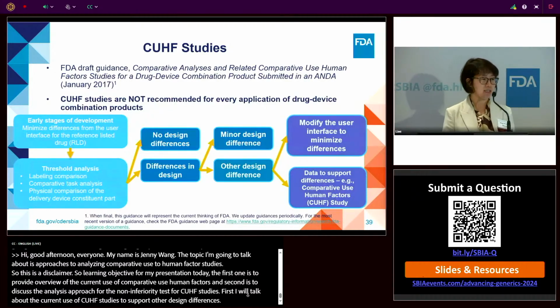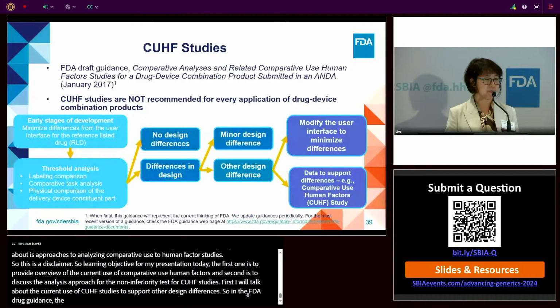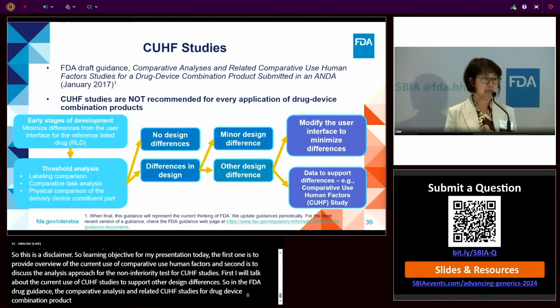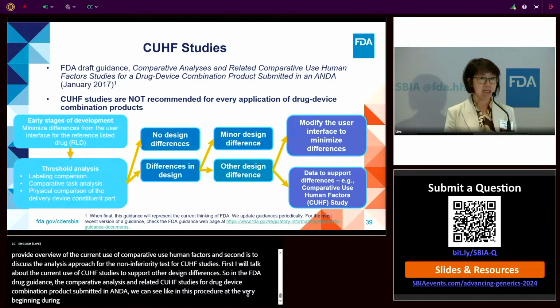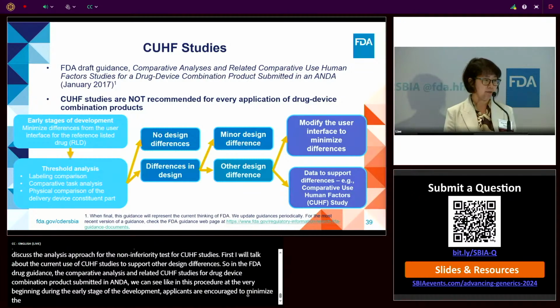So in the FDA's draft guidance, the comparative analysis and the related comparative use human factor studies for a drug device combination product submitted in an ANDA, we can see in this procedure at the very beginning, during the early stage of the development, applicants are encouraged to minimize the differences from the user interface for the RLD product.